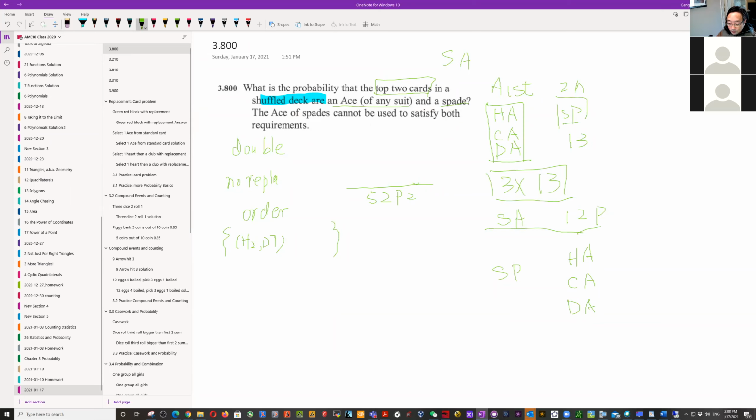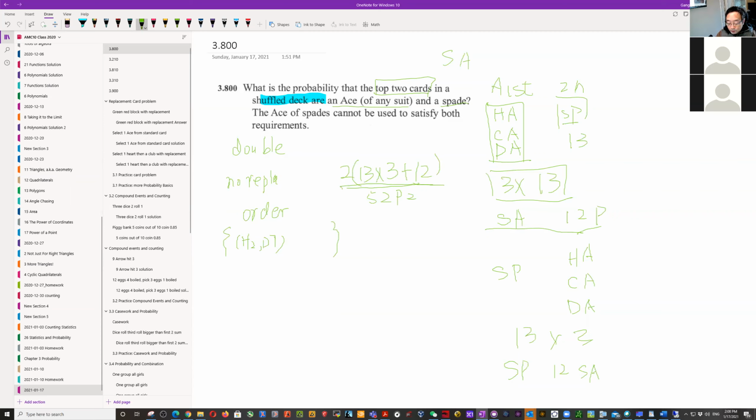That's still 3 multiplied by 13. And the spade A here also works with the spade, so this is still 12. So basically, it looks like the total is 13 multiplied by 3 plus 12, and multiplied by 2.